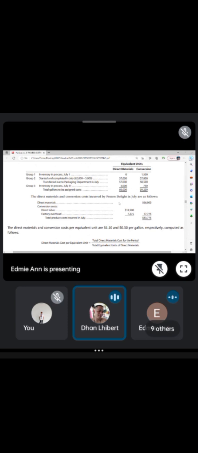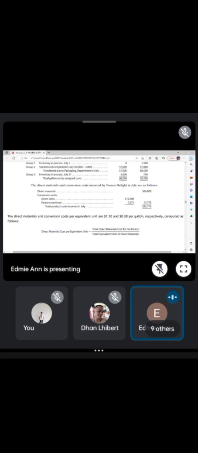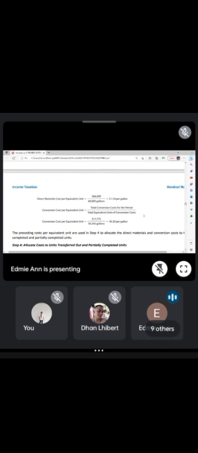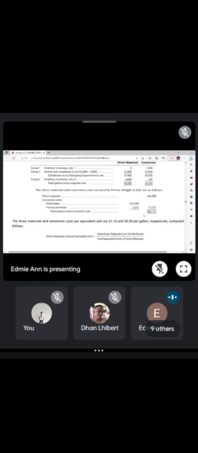Okay. The 17,775 is the total conversion cost. Naa siya direct labor ug factory overhead. So mao na imuhang gamiton dire, the numerator. Now the denominator niya is ang total equivalent units of conversion cost, kadtong assignan nimo og conversion cost, which is the 59,250.